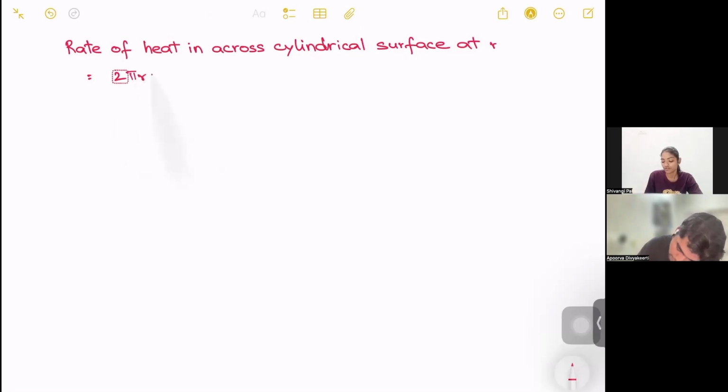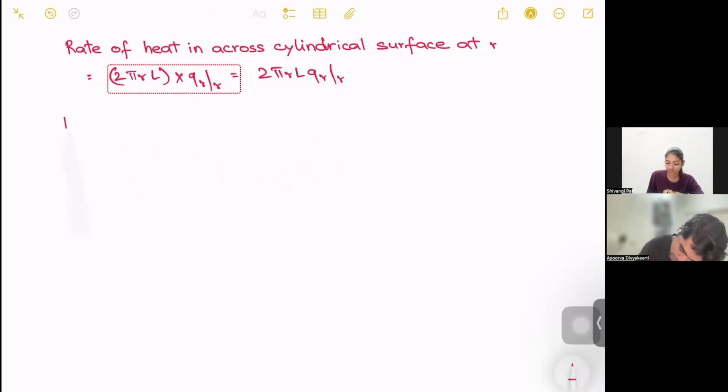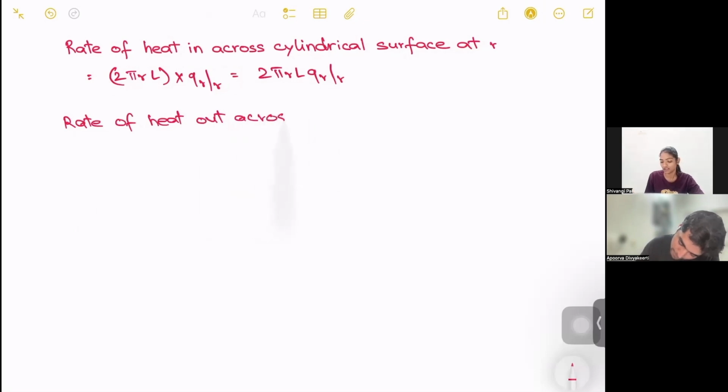The surface area will be 2 pi r L, where L is the length of our cylindrical wire, and the flux at boundary r will be q_r at r. So our term will be 2 pi r L q_r at r. The second term will be rate of heat out across the cylindrical surface at boundary r plus delta r.